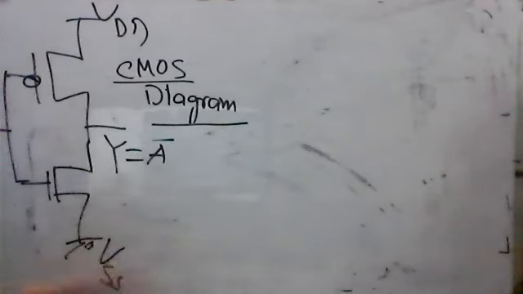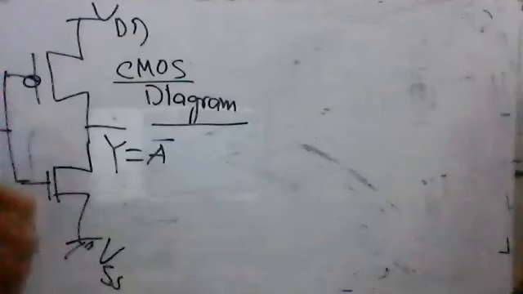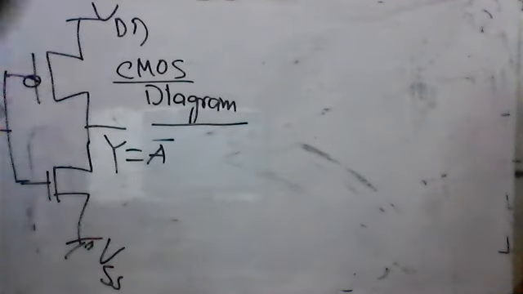This is a very fundamental component, so there is no way you can make a mistake here. You will have to do layout diagrams, calculations, timing diagrams, resistance, capacitance, time delay, power calculation, everything depends on the correct CMOS diagram. If your CMOS diagram is wrong, everything will be wrong.